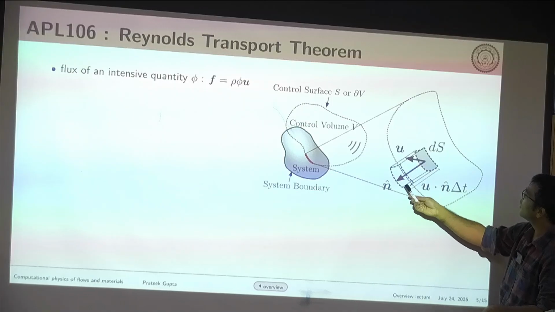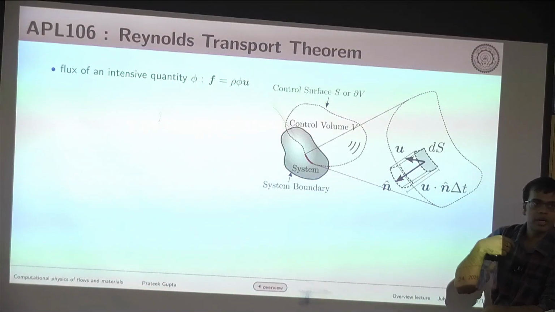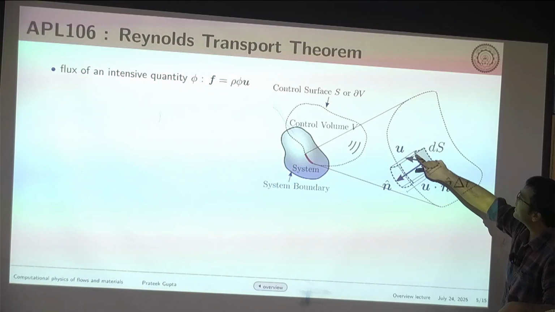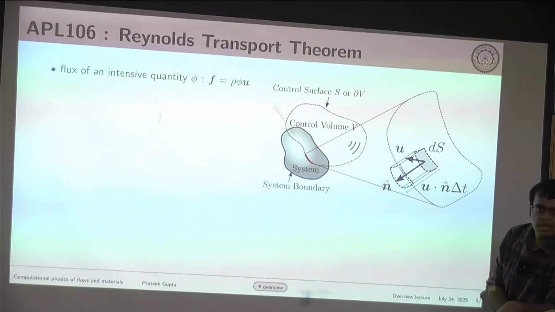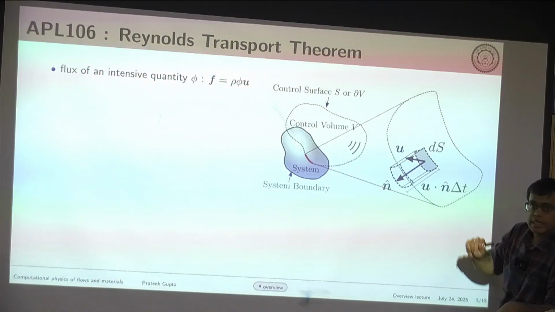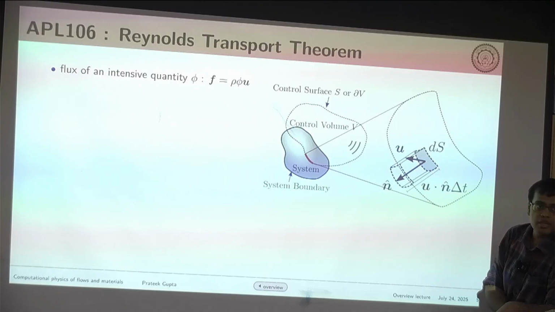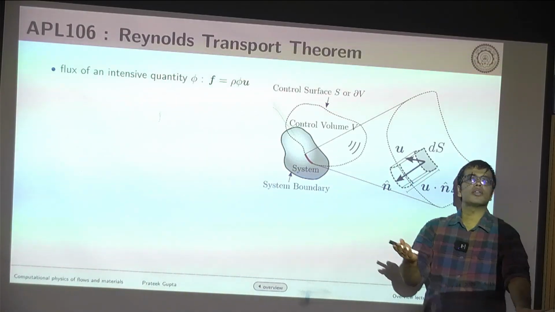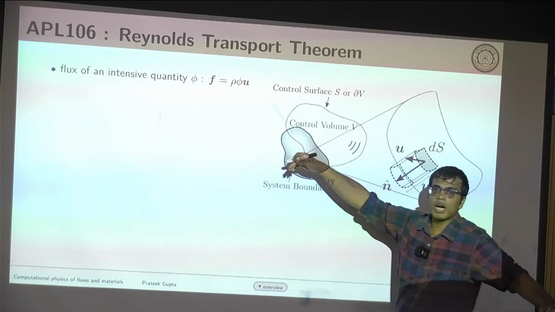So, u dot n delta t is the height up to which the quantity comes out of the surface, and if the elemental area is dS, then you have u dot n delta t times dS as the volume of this hypothetical cylinder, and when you multiply it with rho times phi. So, if phi is an intensive quantity, that is, let us say something like momentum or energy or whatever, it is quantity per unit mass.